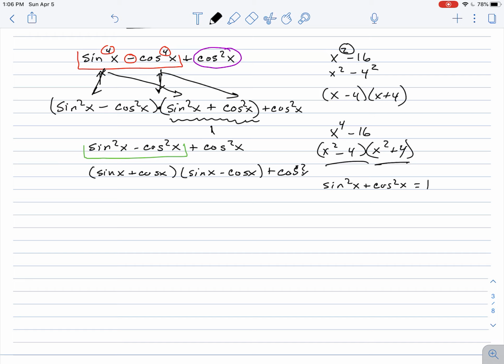Whoop, cosine squared x. Okay, that was cool, but that didn't really do anything for me. And I walked myself deliberately into this little hole because I want you to see what it looks like. I think it's really important that you see that, okay, that factored and that was accurate, but it wasn't helpful. Because now nothing cancels. There's no Pythagorean identities in here because I don't have any squareds anymore. So I don't want to do that.